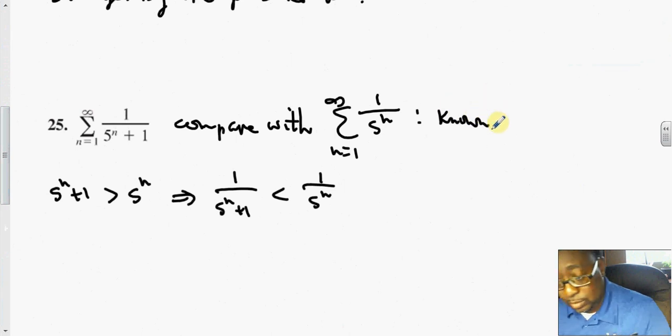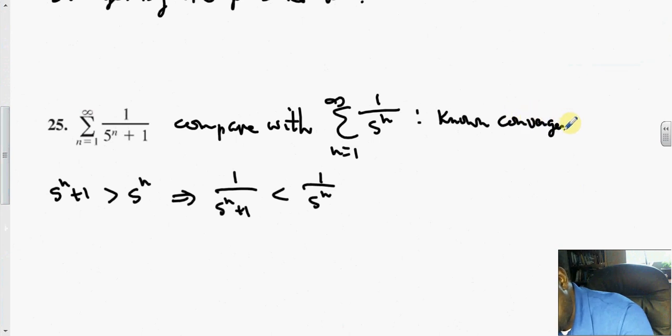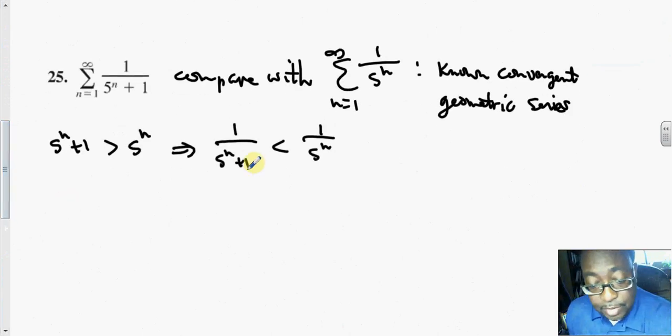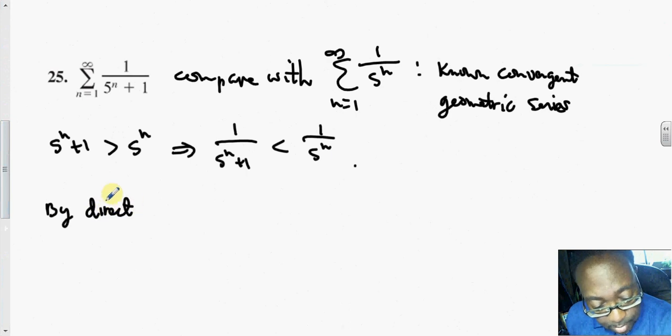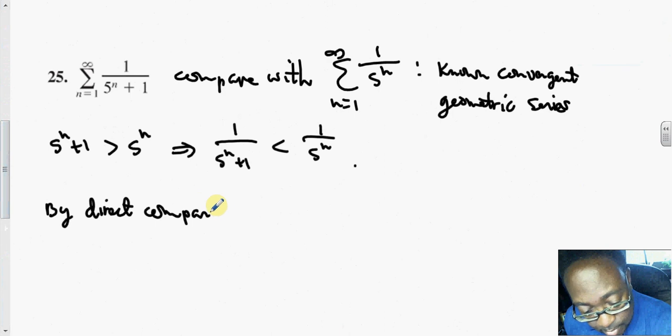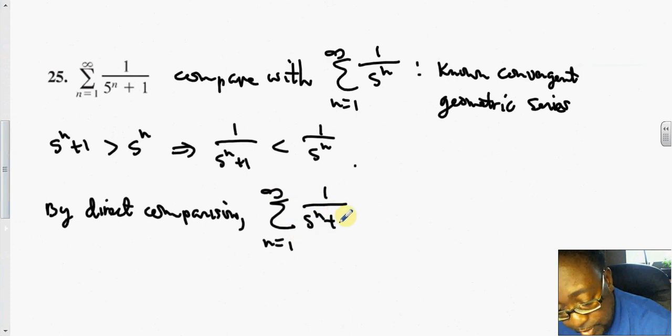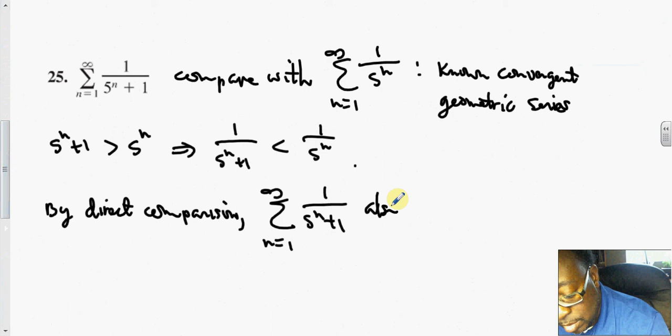But this one right here is a known convergent geometric series. So by direct comparison, this series, as n goes from 1 to infinity of 1 over 5 to the n plus 1, also converges.